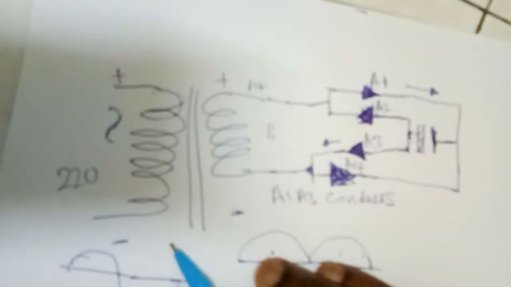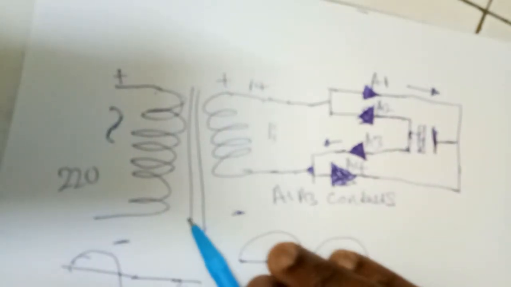But in bridge rectifier, you are using 4 diodes. The 4 diodes are conducting and you are losing power. So the most efficient way of converting AC to DC is through center tapped full wave rectification.